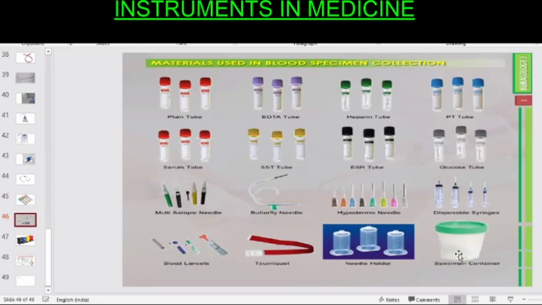This is a specimen container. Why is it used? It is used for collection of any specimen. It can be used for collection of sputum, stools, urine, or any secretions, so that you can analyze them.